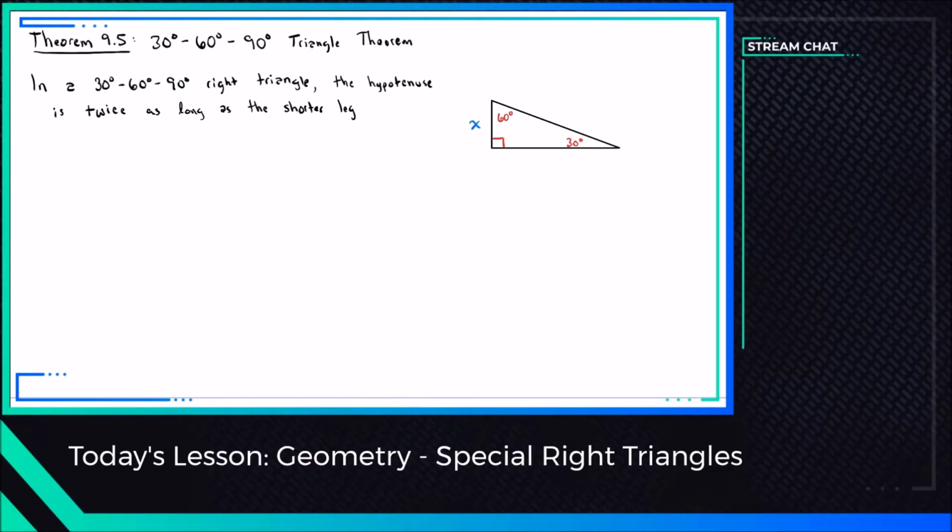So it's just going to be 2 multiplied by x. And the longer leg is the square root of 3, kind of a weird number, times longer than the shorter leg.